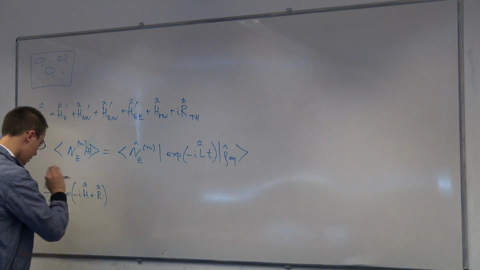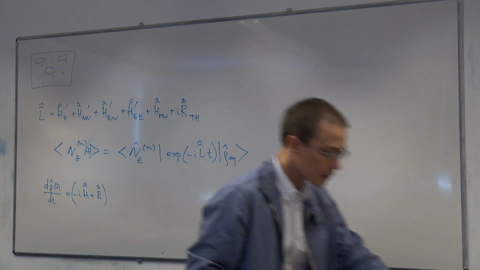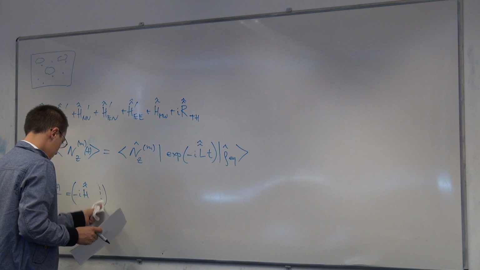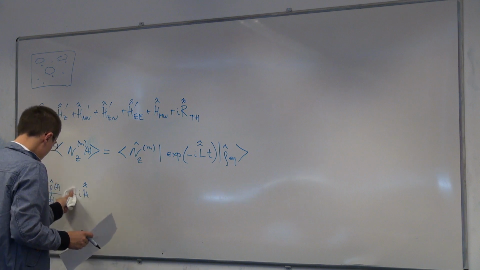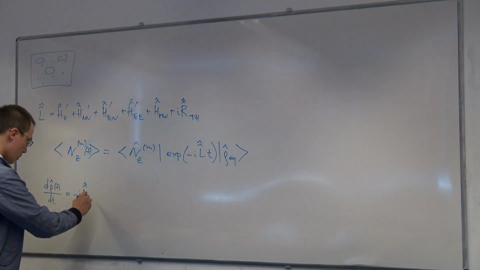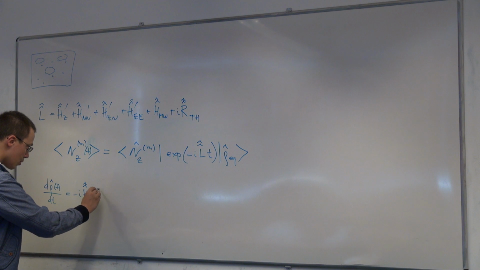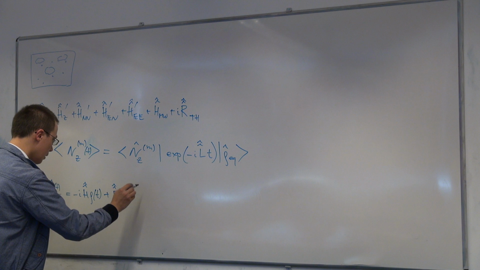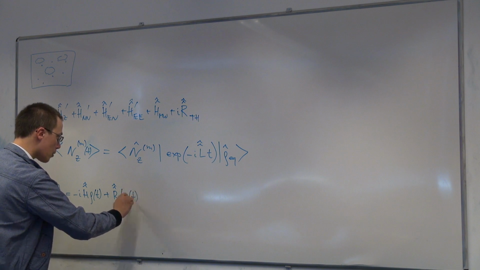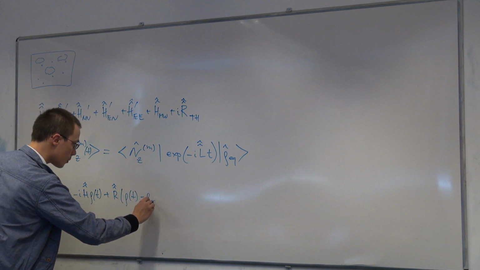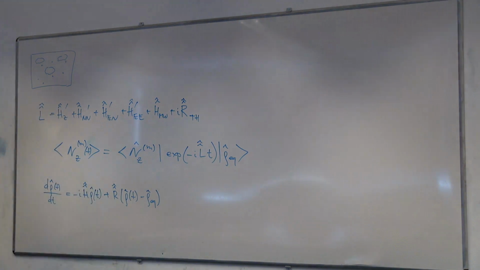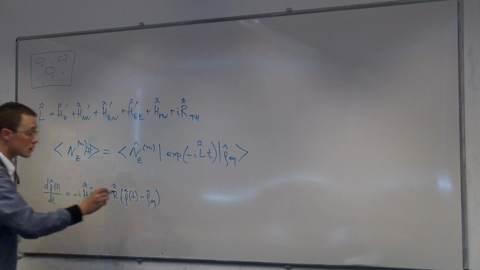I would rather write it differently just to expose the thermal equilibrium specifically. So let's do it this way: H acting on rho of t plus the relaxation superoperator that's pushing the system from its current state into the thermal equilibrium. Like that. And so at time infinity, this is 0.